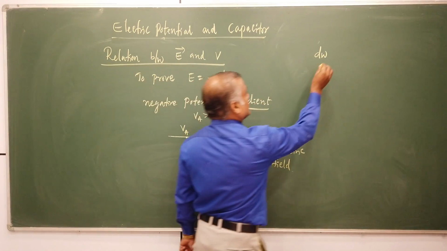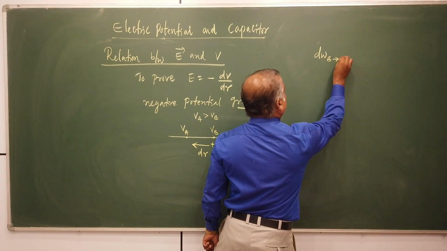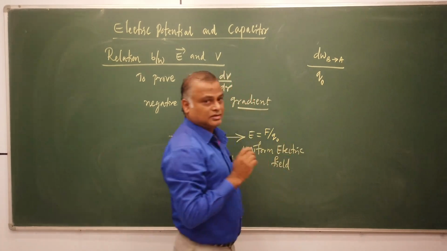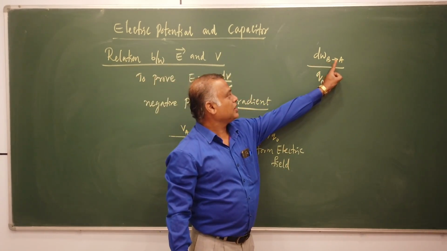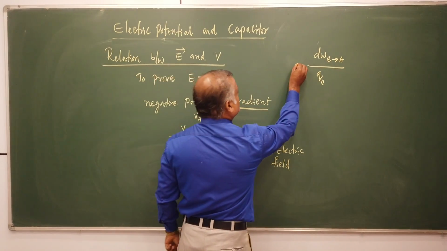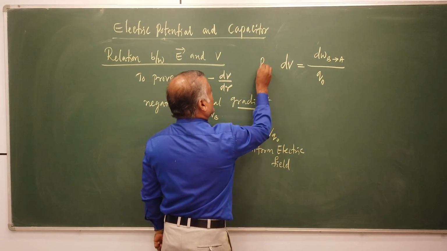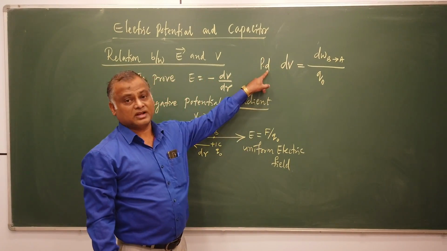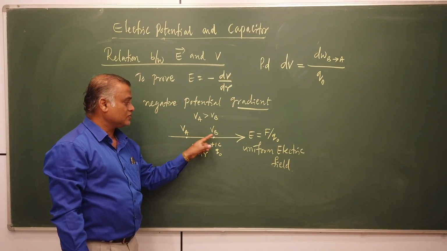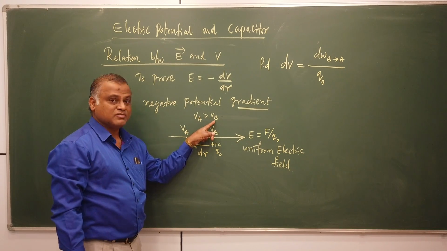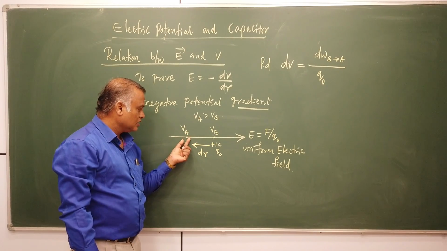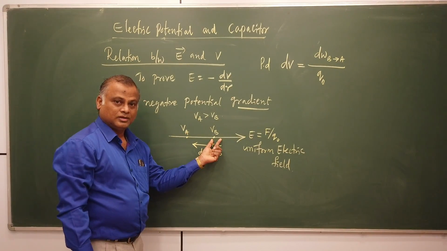From B to A. Small work done per unit charge from one point to another point against the electric field is always known as potential difference. The difference in potential. Here there is a difference in potential. VA is greater than VB, so what is the difference in potential? VA minus VB.